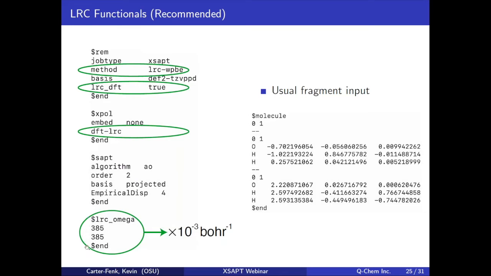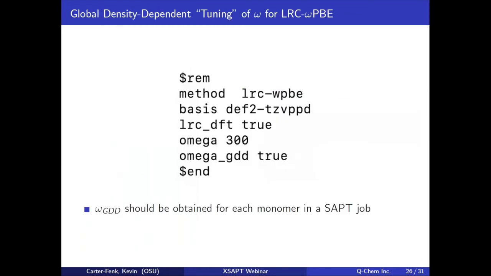These are the omegas in the omega PBE, and their units are input in inverse millibohr. So this corresponds to 0.385 inverse Bohr for each water molecule. And in order to obtain those range separation parameters for each fragment, we recommend this global density dependent procedure over IP tuning.